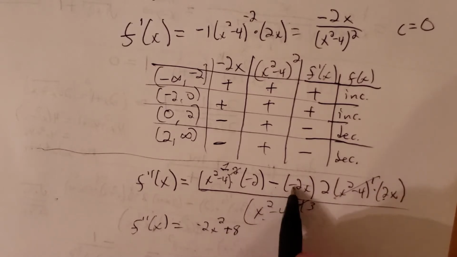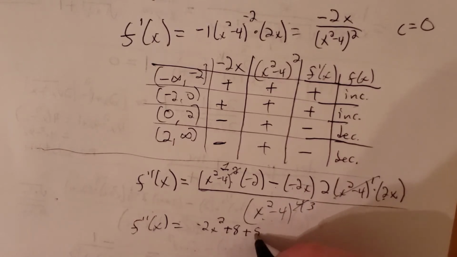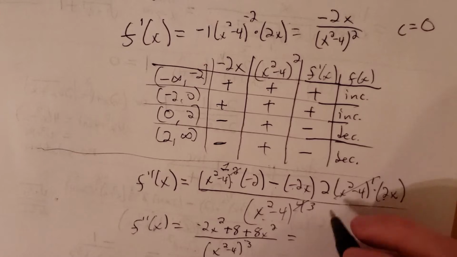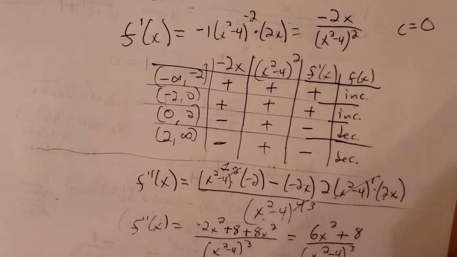And then over here we get a positive, and then 2x times 2 times 2x is positive 8x squared, all over x squared minus 4 cubed. This is 6x squared plus 8 all over x squared minus 4 quantity cubed.